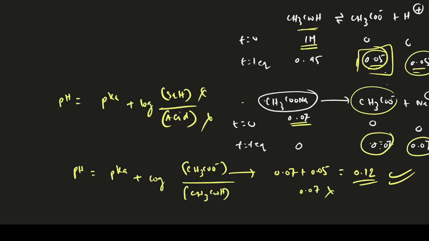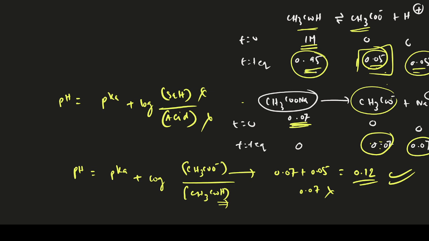So we have to add for this case: if the strong electrolyte or salt is given in a very low concentration, then we have to consider that concentration also. And here CH3COOH is 0.95 molar. On that case this is fine, okay.